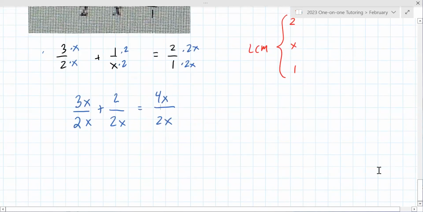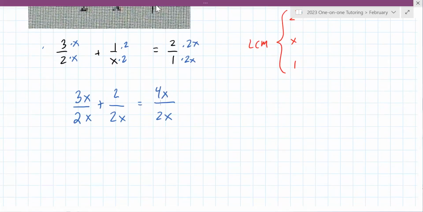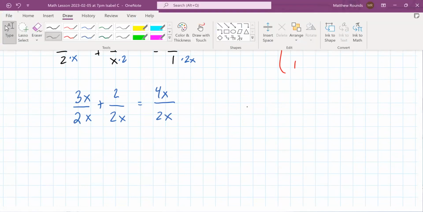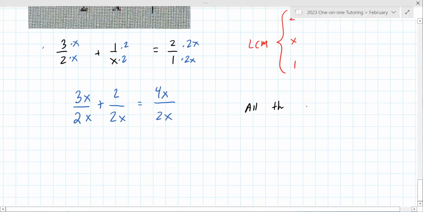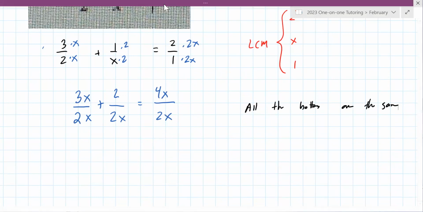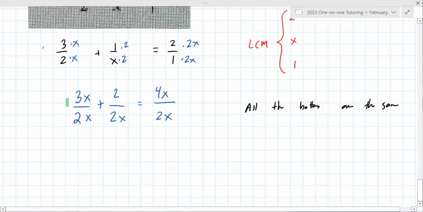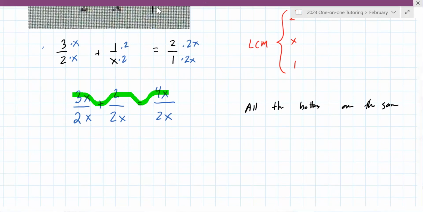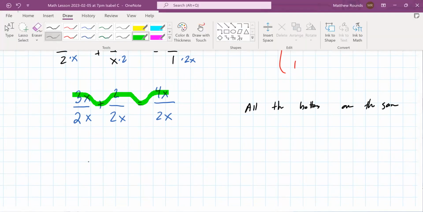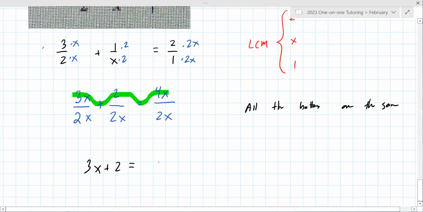Yes. Okay. Now, this is very important right here: you have to recognize that all the bottoms are the same. All the fractions have the same denominator. When that's the case, you can disregard the denominator and just look at the numerator. That's key. If you can't get there, you have no way to go forward in these problems.